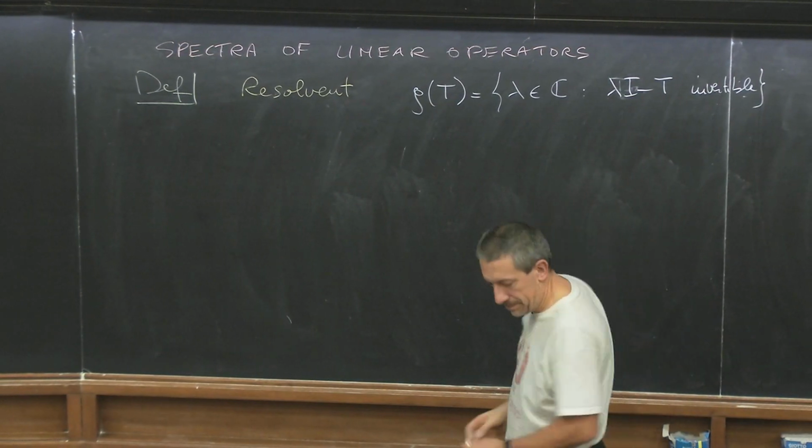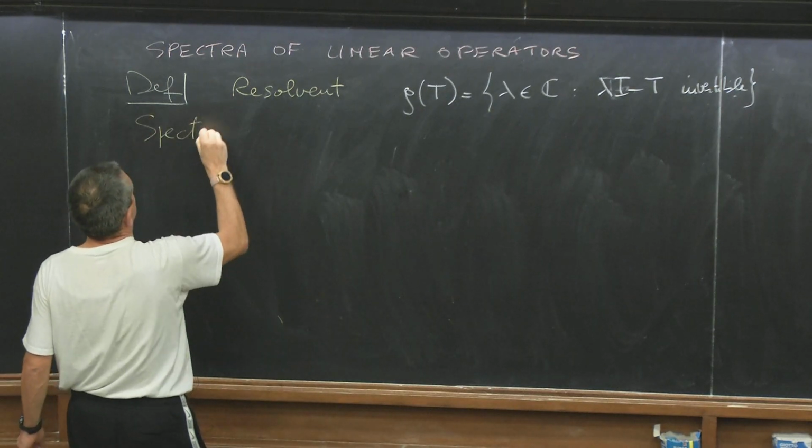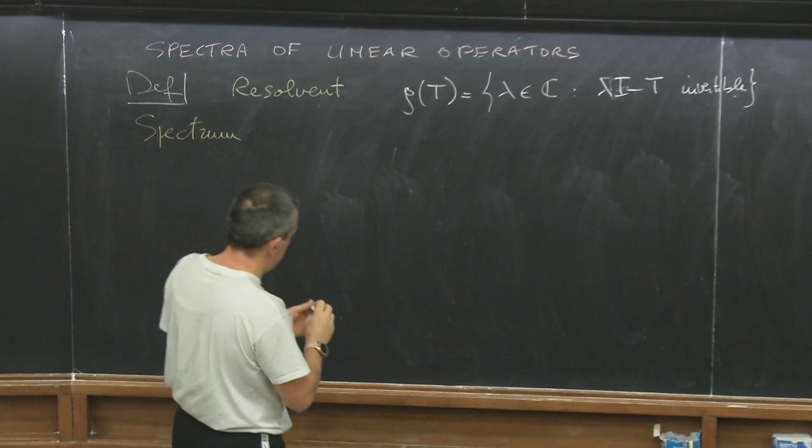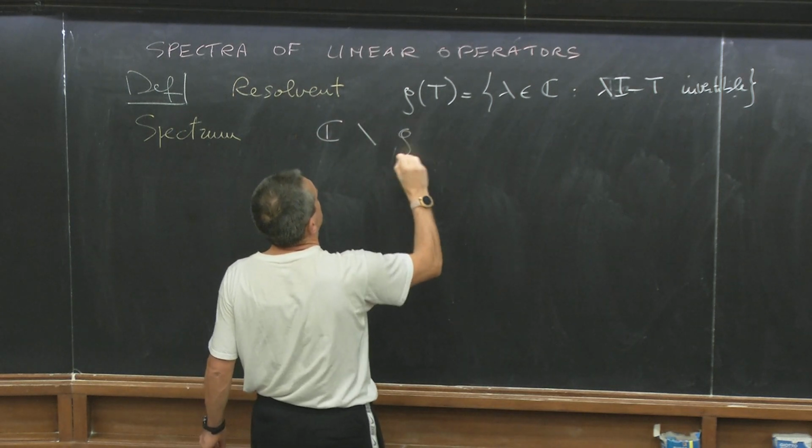So the spectrum by definition is the complex plane minus the resolvent.